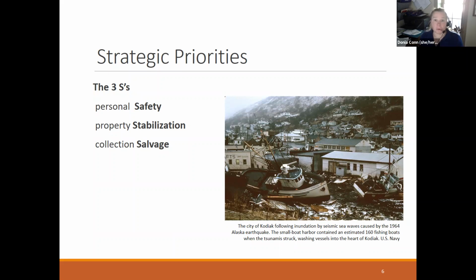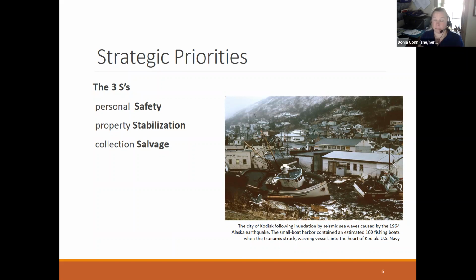Water is incredibly strong. Was there any damage because of the earthquake? Do we have damage because one of those fishing boats ran into our building during the tsunami? So we want to be thinking about that structural integrity.